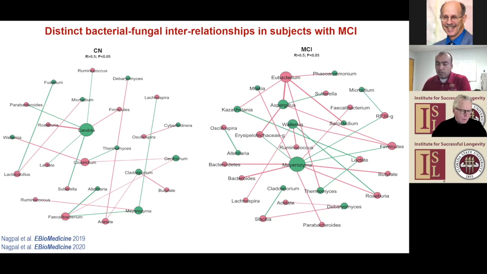So this clearly shows that there is a dysbiosis of the whole gut microbial ecosystem in these patients. It is not just that the bacterial microbiome is different, but how bacteria, fungi, and metabolites connect to each other and regulate each other. This whole ecosystem was very different in the patients with cognitive impairment.